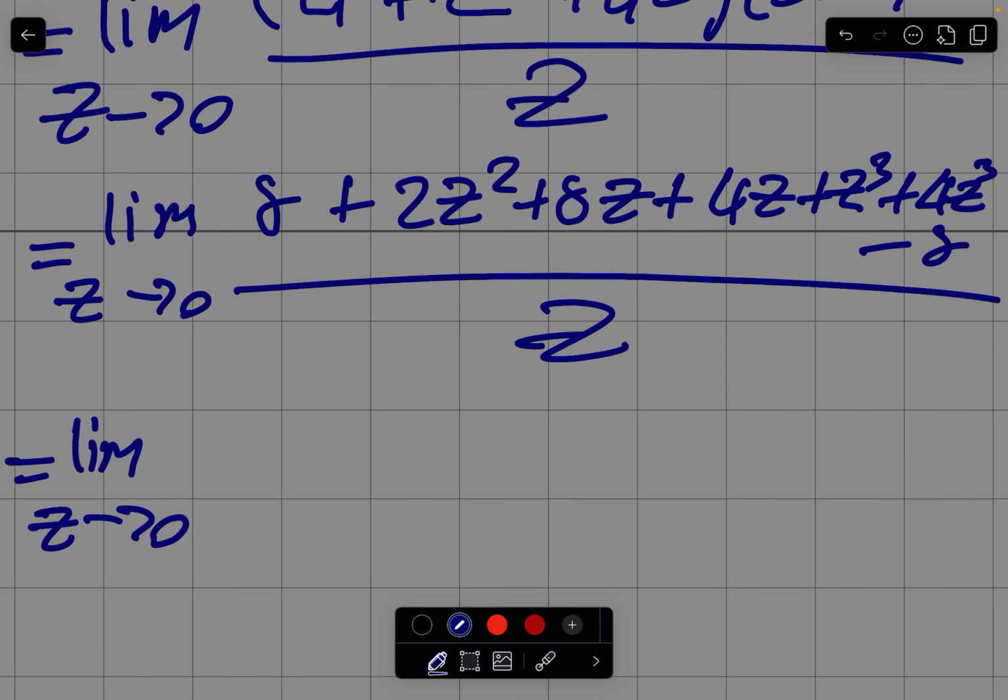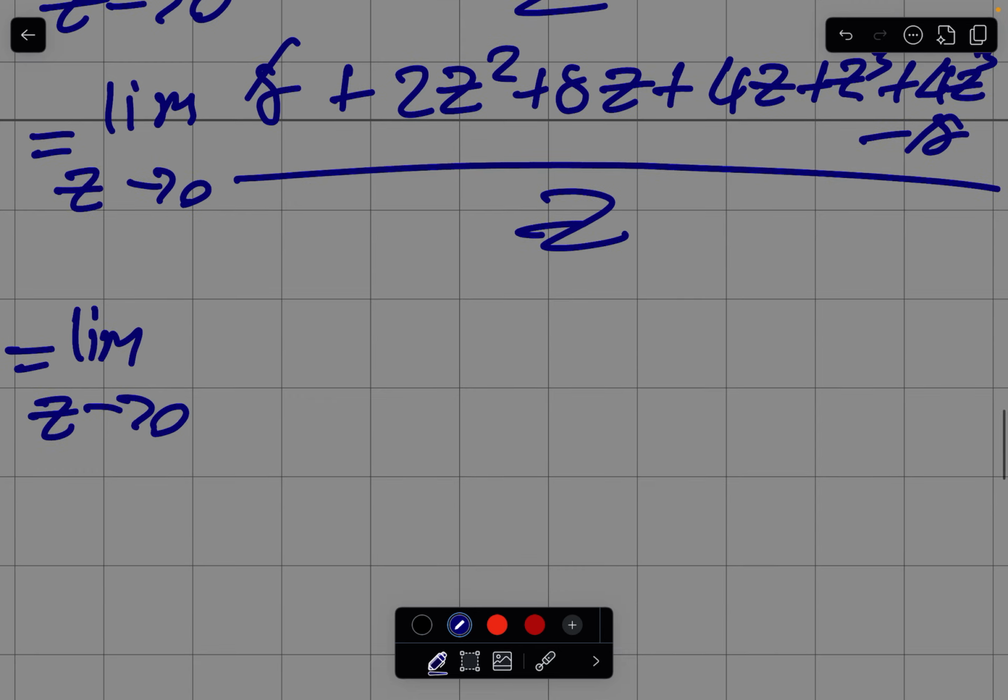Therefore, you are going to add the like terms. The 8 and 8 cancel. You have 2z squared. You have 8z and also 4z. 8 plus 4 is 12. You are going to have 2z squared plus 12z.